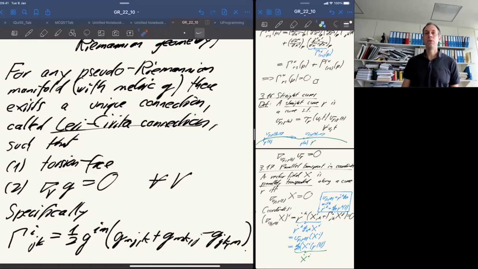But maybe one thing I should already say, also in view of the exercises, is the following. It turns out that if you look at the Levi-Civita connection and look at straight lines, so remember straight lines are defined depending on the connection, then these lines are also the extremal lines in terms of length. So the metric allows you to measure lengths of curves, and you take, for example, the longest or shortest curve between 2 points.